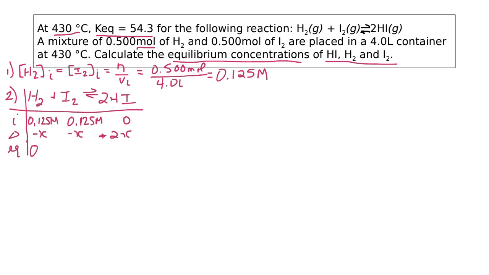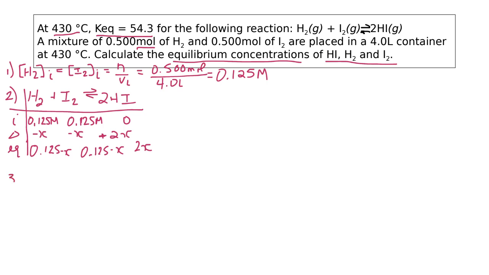So at equilibrium, I end up with 0.125 minus x for hydrogen, the same, 0.125 minus x for iodine, and then I end up with 2x for my product, my HI.